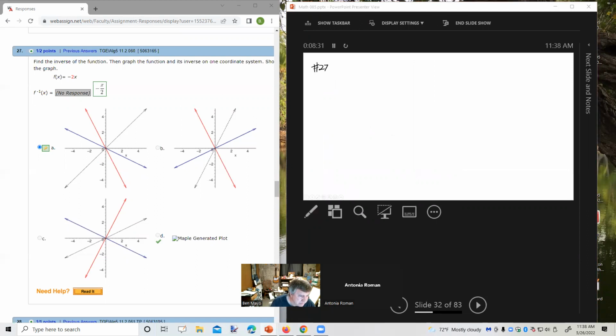So 27, f of x equals negative 2x. So find the inverse: y equals negative 2x, x equals negative 2y. Divide both sides by negative 2. Negative x over 2 equals y, or y equals negative 1/2 x, or f inverse of x equals negative 1/2 x.